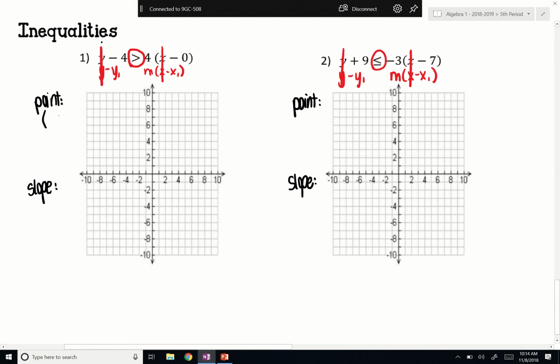Now, a point looks like what? What 2 letters? X and Y. Where is my X again? At the end. But I always look for the opposites. Don't forget, I've got to look for the opposite. So what's the opposite of 0? That's easy.